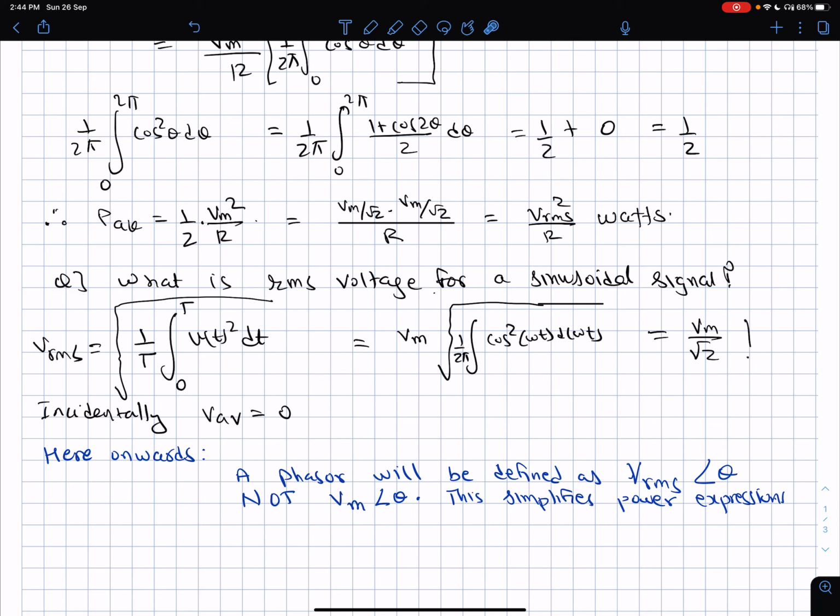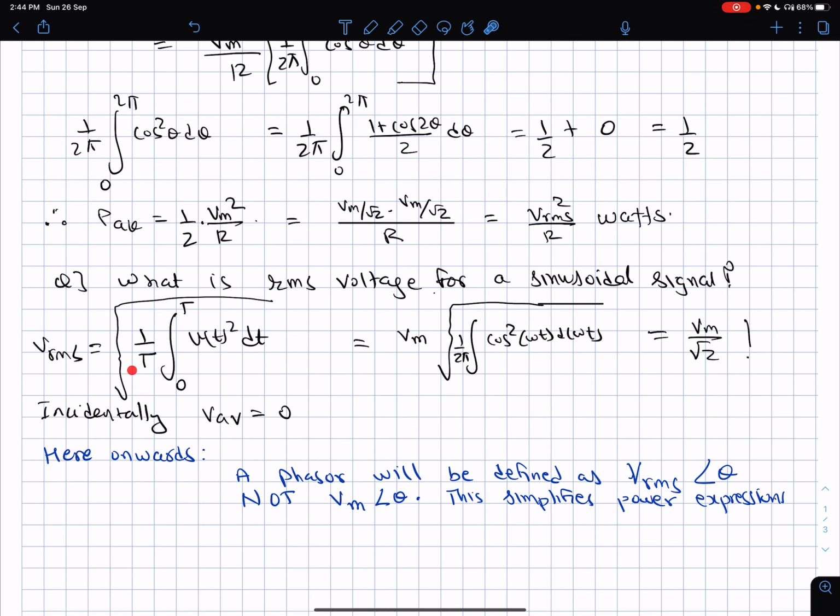So therefore, under root of 1 by T, integral 0 to T, v square of t dt. If you just take a signal Vm cos of omega t, for example, then it is under root, here it will actually be Vm square. So Vm I have taken outside, and then cos square omega t.